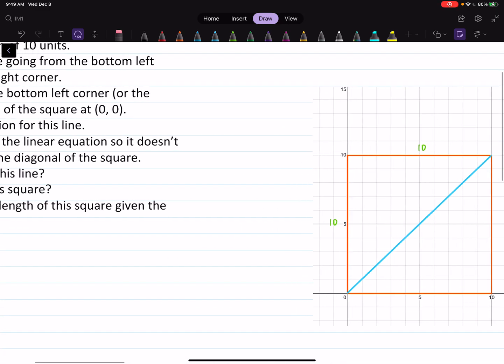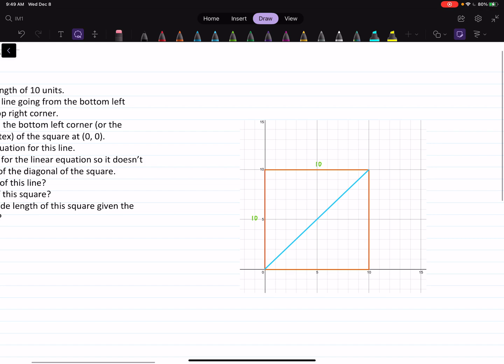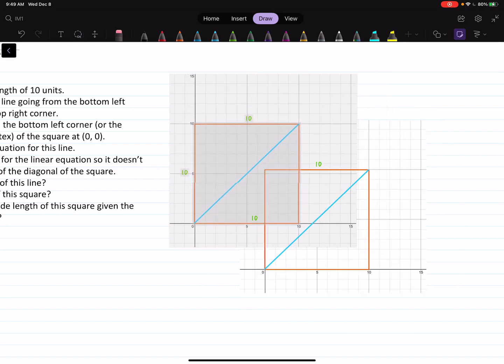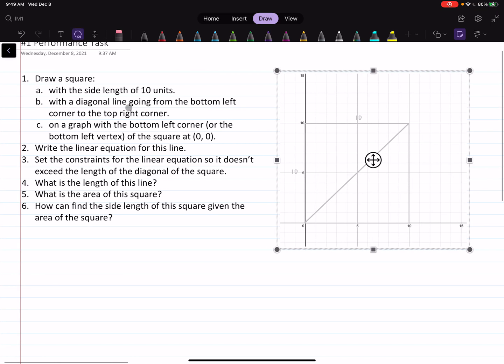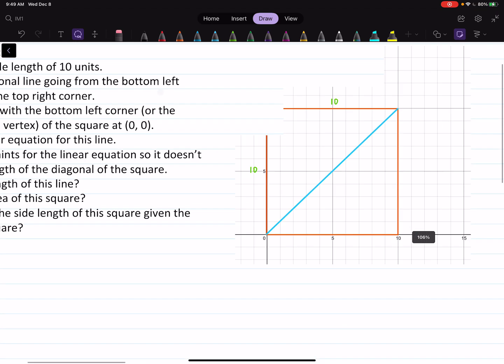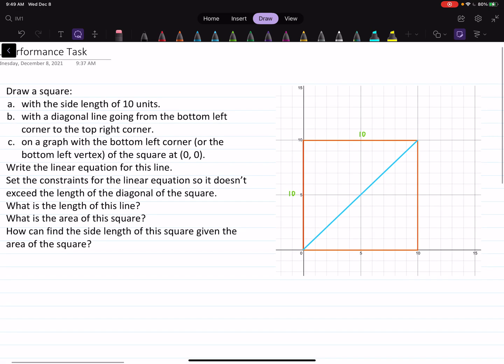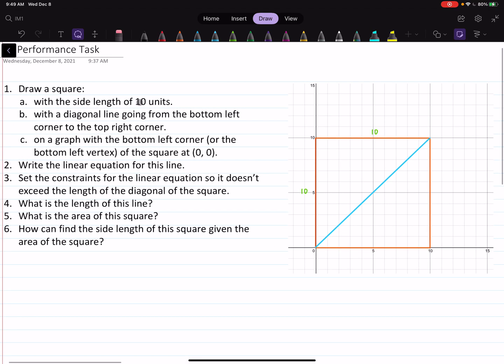So as you can see, let's see if it meets all the requirements that we talked about here. With the side length of 10 units, as you can see, this is a side length of 10 units.